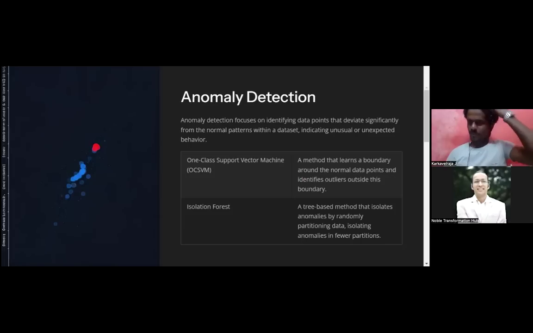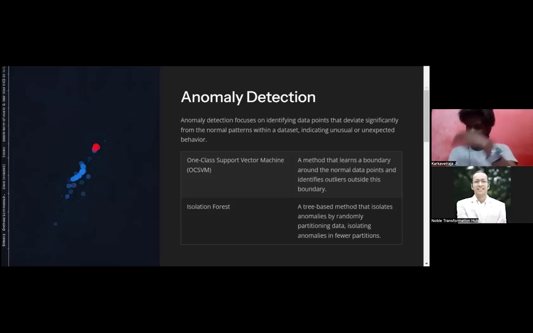One-class support vector machine, OCSVM, is a method that learns a boundary around the normal data points and identifies outliers outside this boundary. There is a boundary on both sides. If a point is beyond the boundary, it would be an outlier.